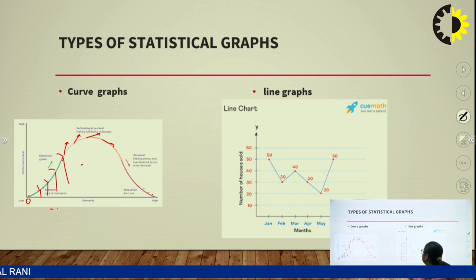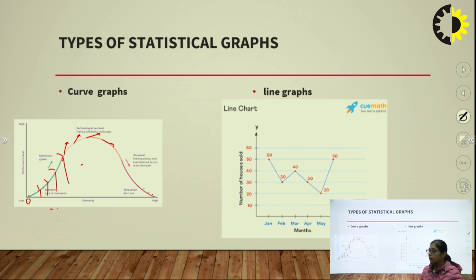So next is the line graph. When data changes in intervals, not regularly, not continuously, you can go for the line graph. Here the number of houses sold is shown on the y-axis, and the number of months on the x-axis.